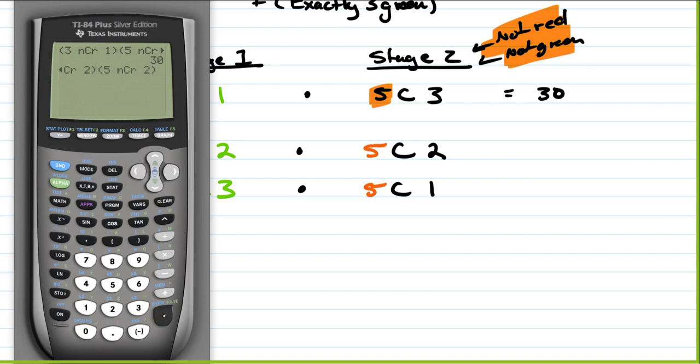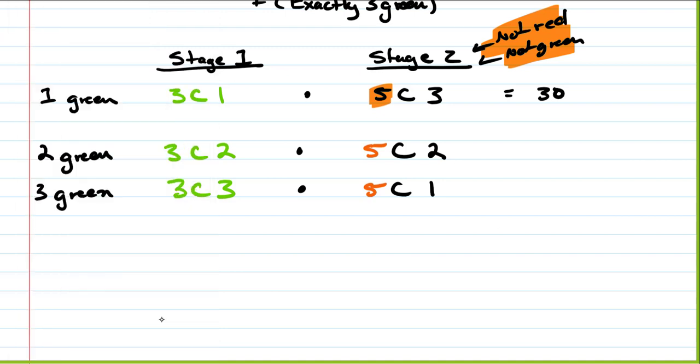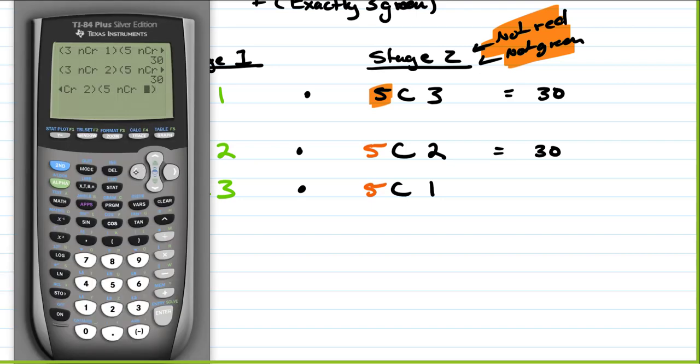So then 3 choose 2 times 5 choose 2 also gives us 30. And then 5 choose 1 times 3 choose 3 is going to give us 5.